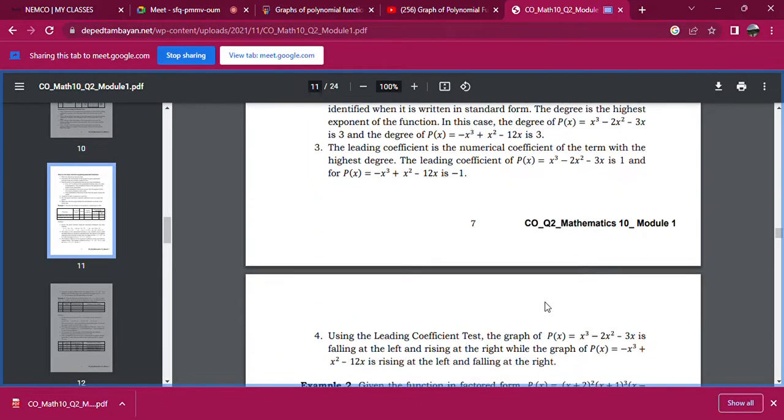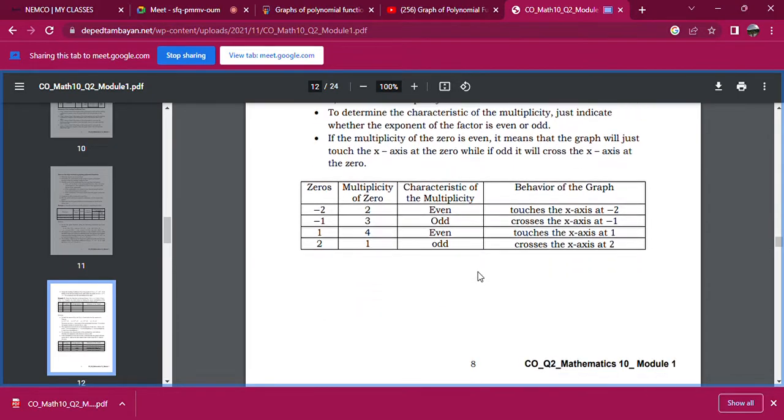So, even si 2, so maingon ka diri touches the x-axis at negative 2. This is odd, so this crosses the x-axis at negative 1. Now, this is even, so pag even touches, pag odd crosses. So, touches the x-axis at positive 1. Now, here is odd, so crosses the x-axis at 2.